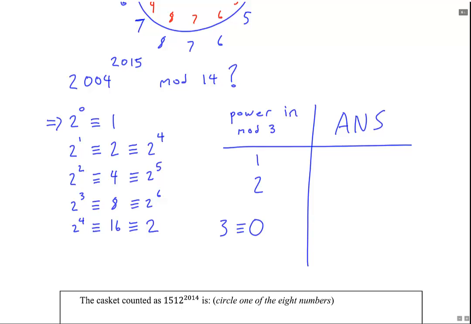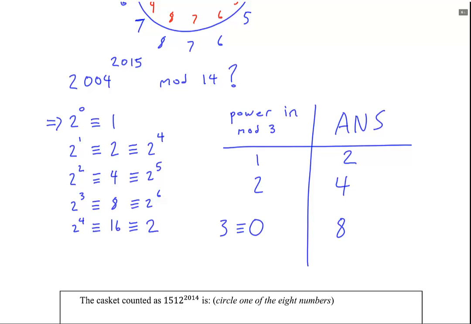If the power in mod 3 is 1, it tells us that our answer is 2. If the power is congruent to 2 in mod 3, the answer is 4. And finally, the answer could be 8 if it's 2 to the power 3, or 2 to the power 6, or 2 to the power 9, and so on and so on.